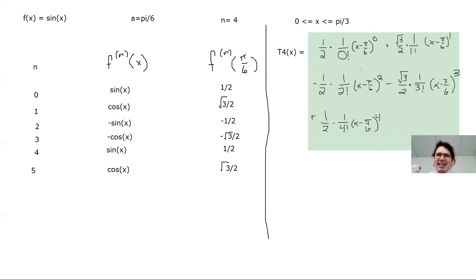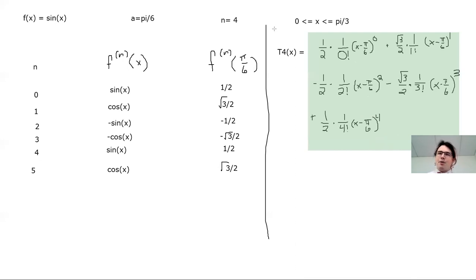This formula will match exactly to the value of the sine function, right? Everything here will go to 0 except the constant term, which we have rigged to display the correct value for our function. So it's just a nice way symbolically to remind ourselves of where this approximation will do its best job, close to the number pi over 6.